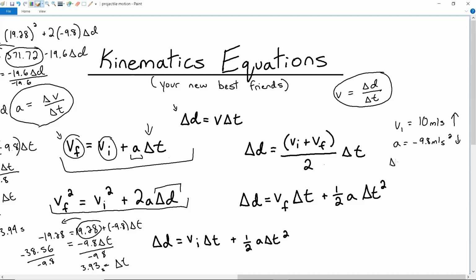And now we actually have time. So we have 1.45 seconds. And we are solving for displacement. And just scanning through our equations, the best equation is going to be this one down here, because I have all of my values except for displacement. So let's plug those in.